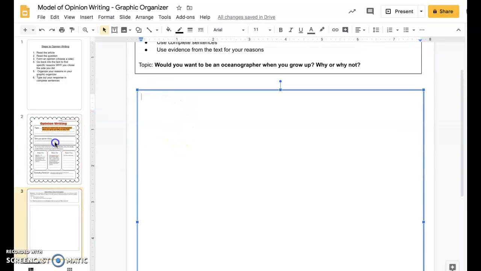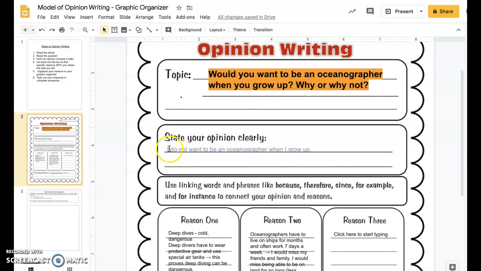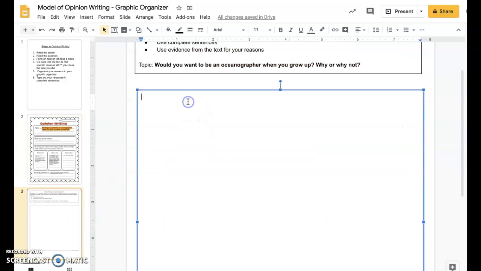So the first sentence will be our topic sentence, okay, which should be our opinion. It's your opinion. You want to say that first. So there are a few reasons why I would not want to be an oceanographer when I grow up.